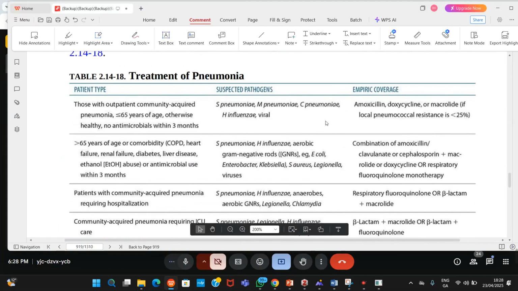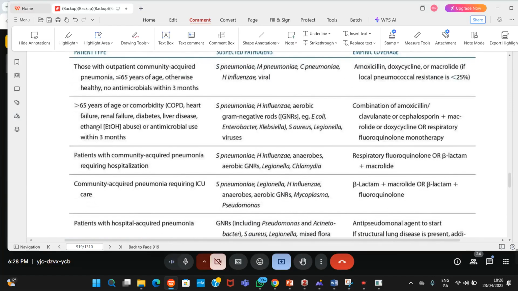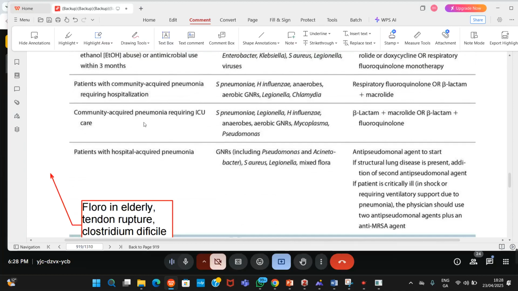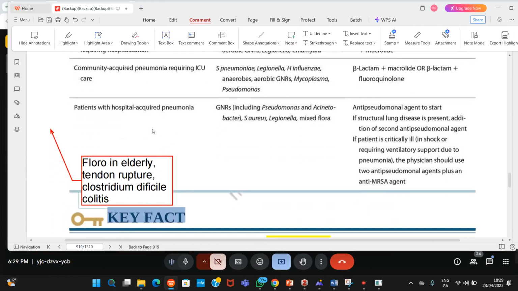Just always remember, if the person is normal, just give amoxicillin, macrolide, or doxy. If the person is more than 65 or has any chronic illness, it is the same as a person requiring hospitalization: cephalosporin plus macrolide or fluoroquinolone monotherapy. If taken to the ICU, cephalosporin plus macrolide or cephalosporin plus fluoroquinolone.